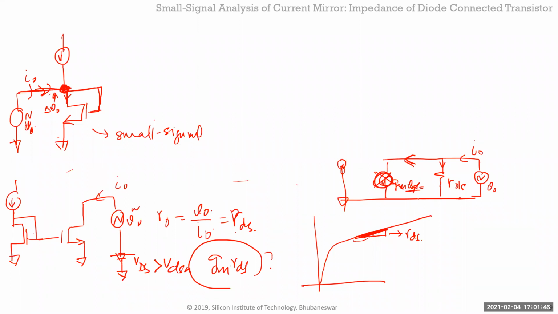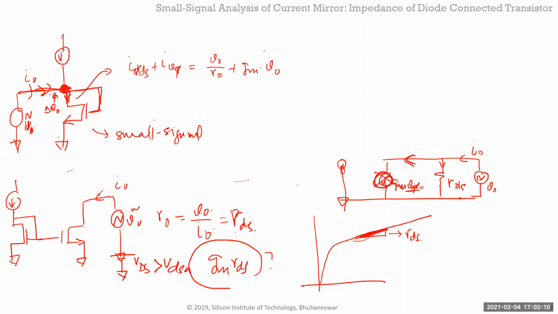So then the impedance looking into it will look like 1 over GM, right? Because like I said, this current is mostly going to be the IRDS. So let me call it IRDS plus IVGS, right? IRDS is V out over R naught, plus this current is GM times V naught.